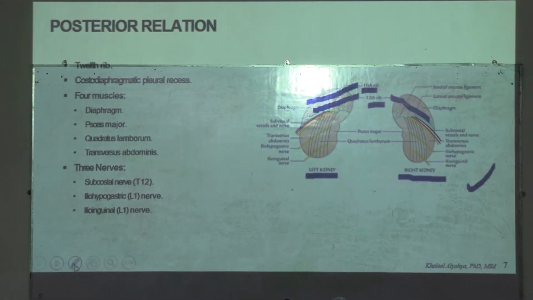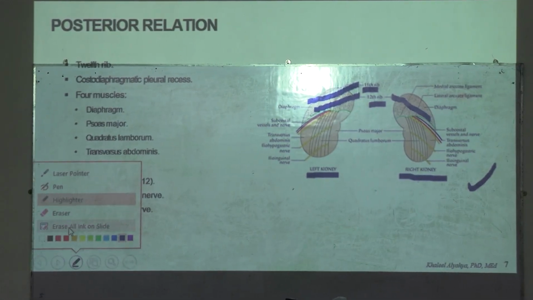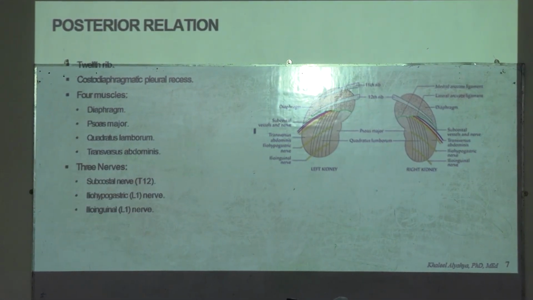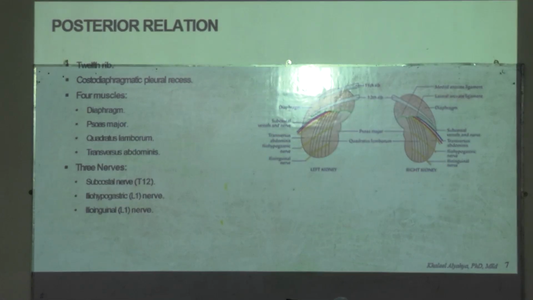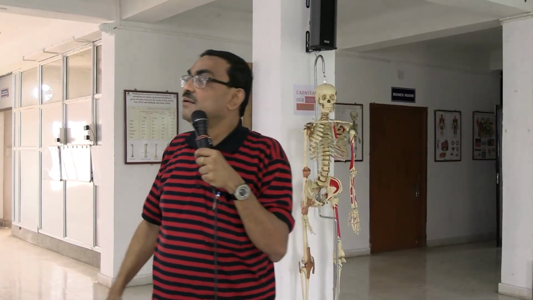Now you can get some vessels and nerve below the 12th rib. They are subcostal vessels and nerves, vein, artery, nerve from above to below. So they are coming in posterior relation to both the kidneys.